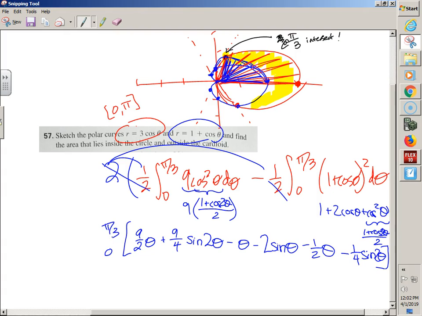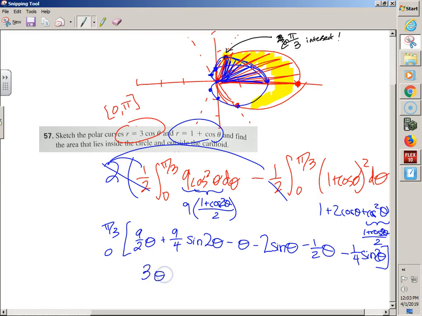Does that look right? No, it's okay. 1 half, and then 1 half times 1 half is 1 fourth. And 9 halves minus 1 half would be 8 halves, or 4. 4 minus 1 would be 3.